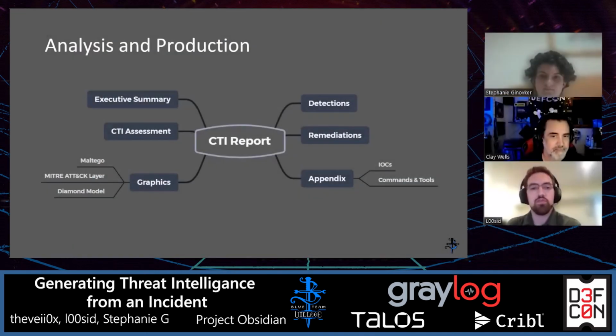So this graphic focuses on the production element of the phase. And this can be a template. It shows some of the things that go on a report, but it doesn't limit you to just these items. You're not limited to these graphics, but you could put things on there like a Maltego graph or the diamond model.